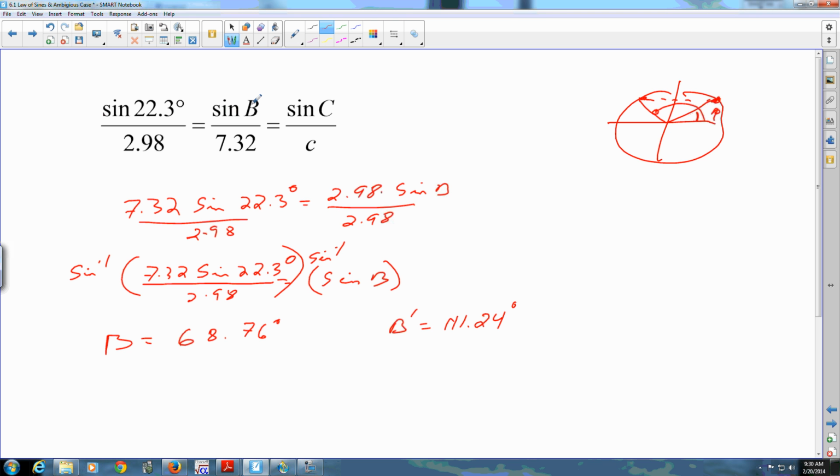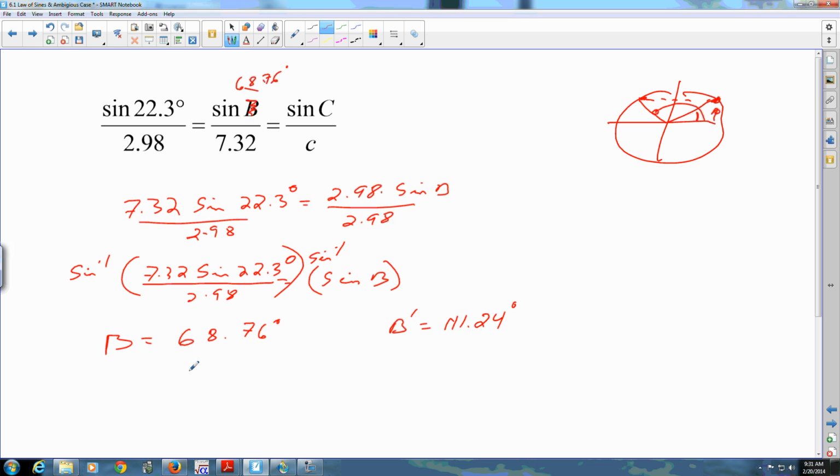So let's go back to this example here. If it's 68.76, then I can solve for angle C, because these angles have to add up to 180. Ignoring that it could be this alternate angle, I'm just going to stick with the same way I knew nothing about the ambiguous case.